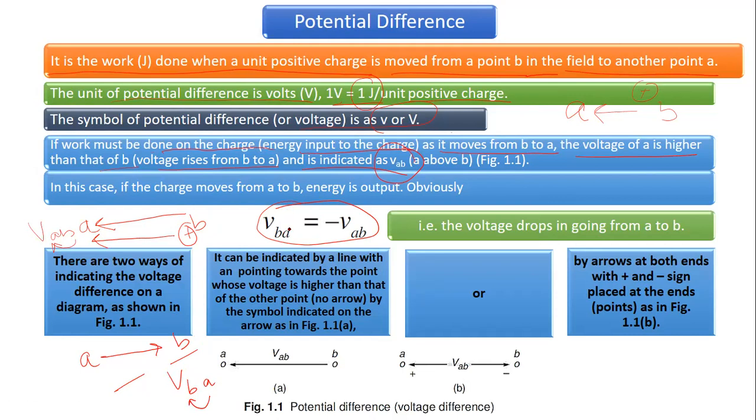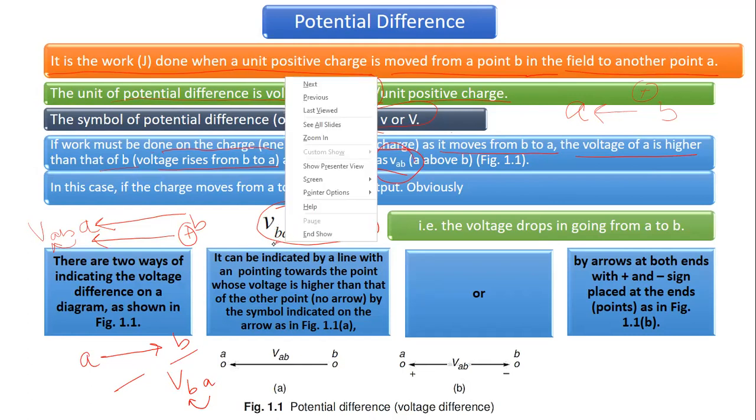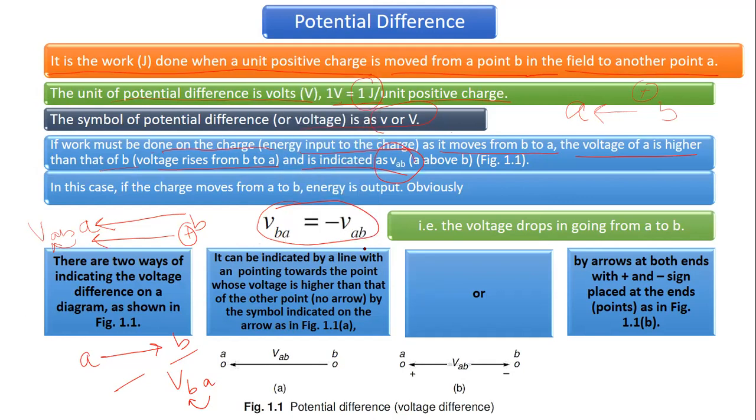In the same reference frame, VBA, the voltage from A to B, is equal to the negative of VAB. That means the magnitude will remain the same, however the direction would be different.